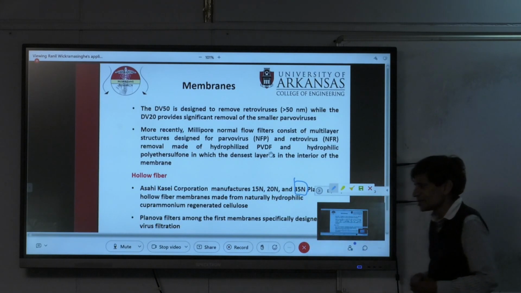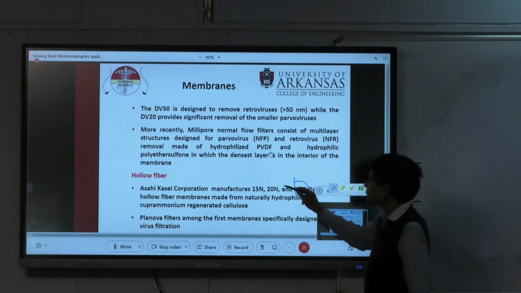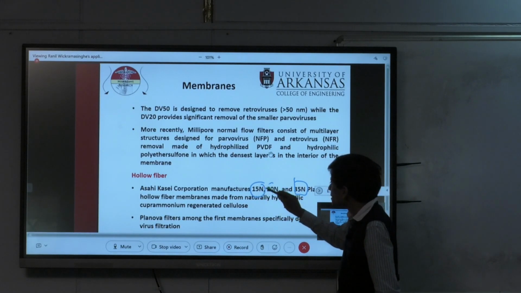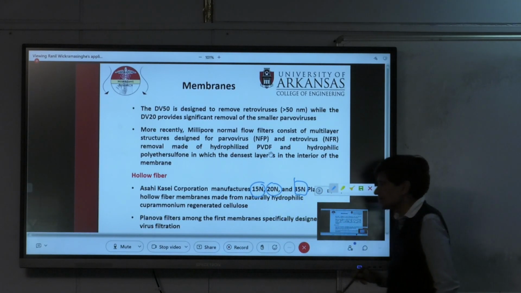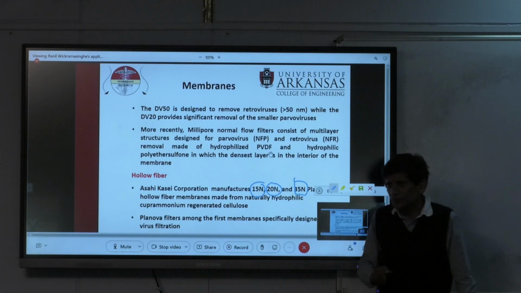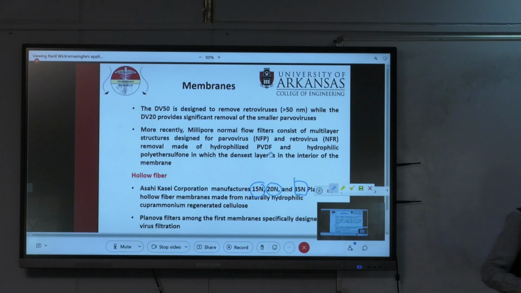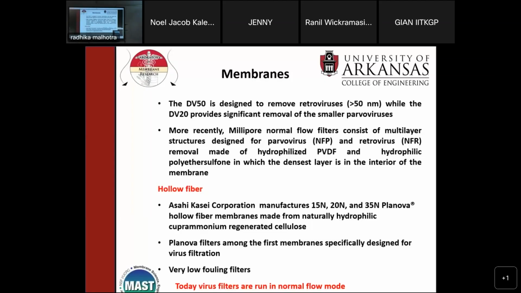So it depends on the manufacturer. 15 and 20N, 15N is an older filter, 20N is the more recent one. They are both designed for parvovirus removal. The difference is the 20N is a much more permeable membrane, so you get much higher fluxes. They are all made from regenerated cellulose, okay?